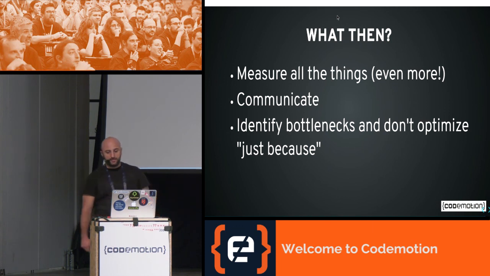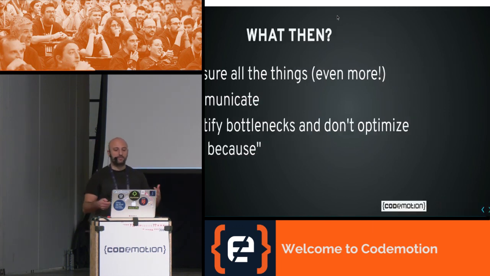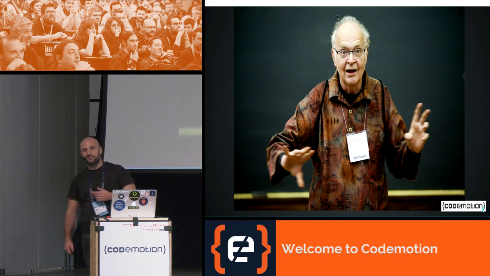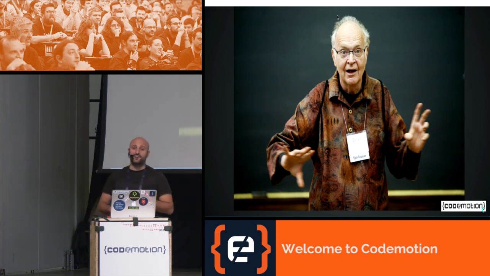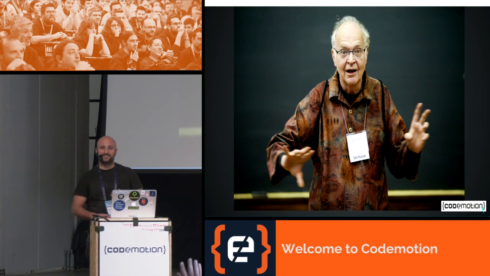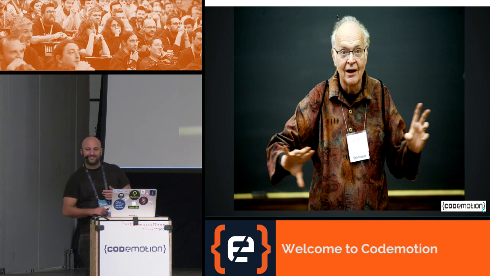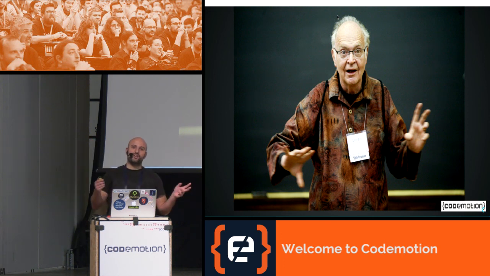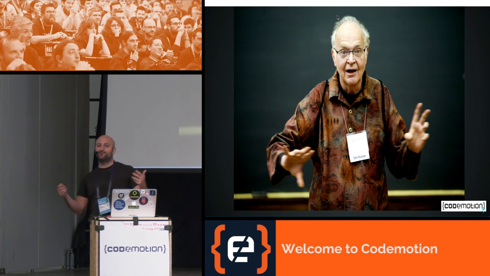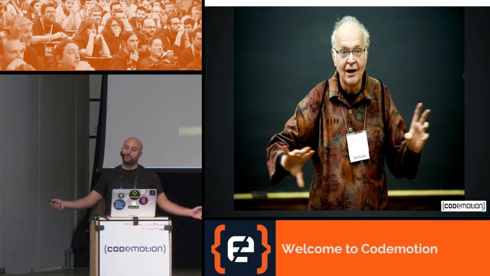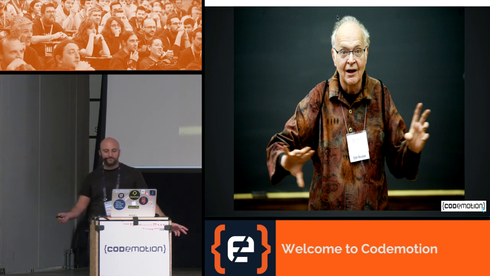So basically, the thought I want to leave you with is this guy. How many of you know who this guy is? Okay, that makes me feel old. This guy is called Donald Knuth. He's one of the old school gurus in computer programming. He wrote a series of books called The Art of Computer Programming, and they basically cover everything you can think of when writing code.